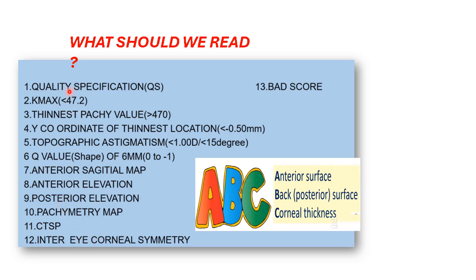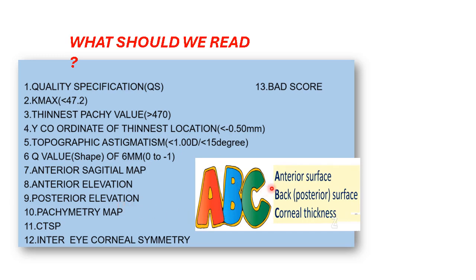We will not go through all these points, but I will stress certain important points that I feel I need to speak about, just to refresh your knowledge with the update and the understanding of topography maps, like the Belin-Ambrosio display and the BAD display scoring system, and some pearls or some points that I feel are important in understanding the topography.